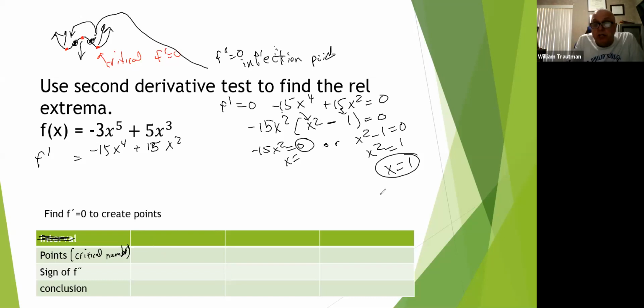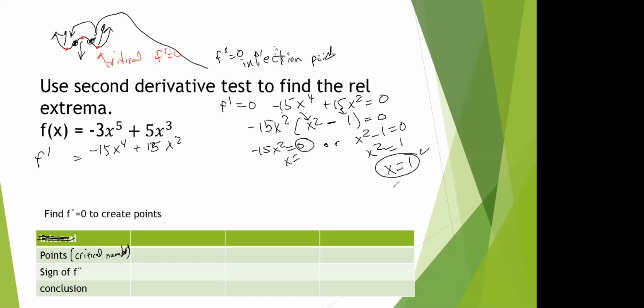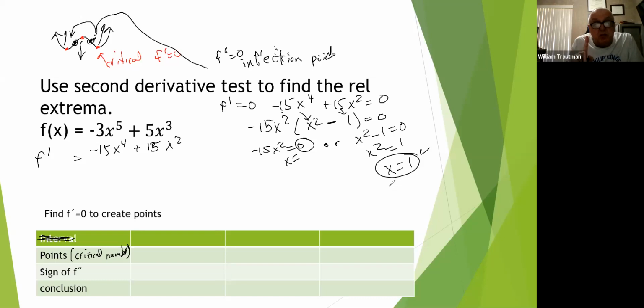Oh, by the way, is this correct? So we're no longer taking the second derivative? Yes, we are. Just give me a second. The previous problem said, use the second derivative to determine concavity.